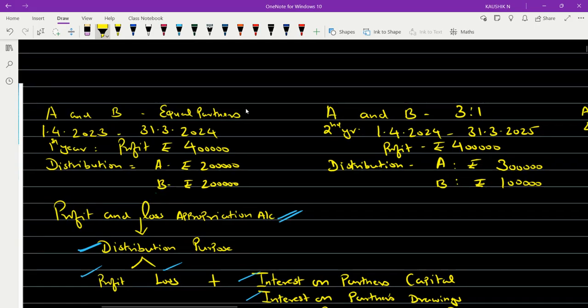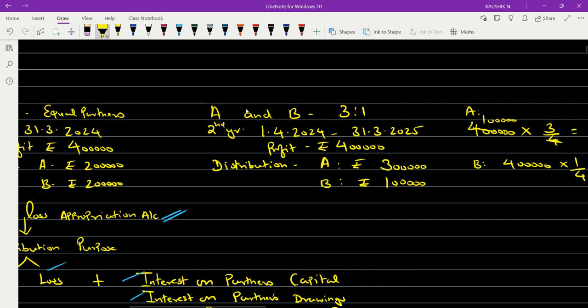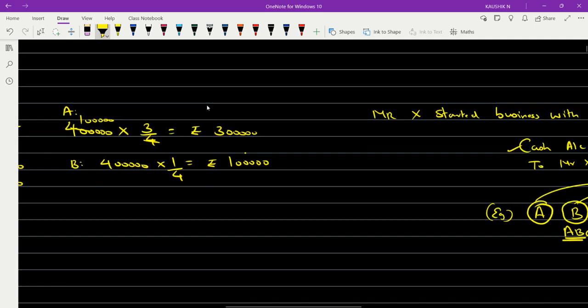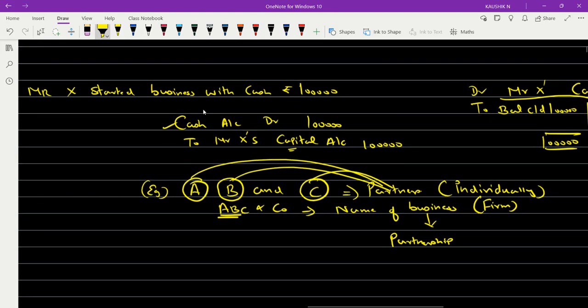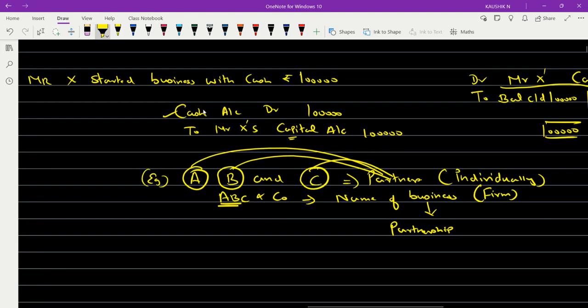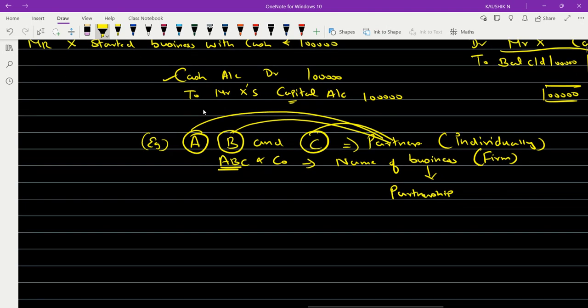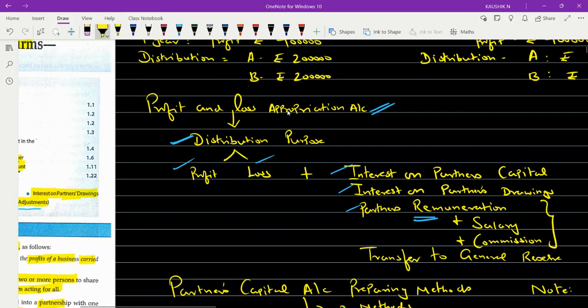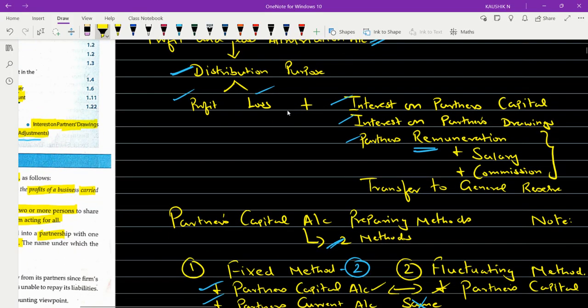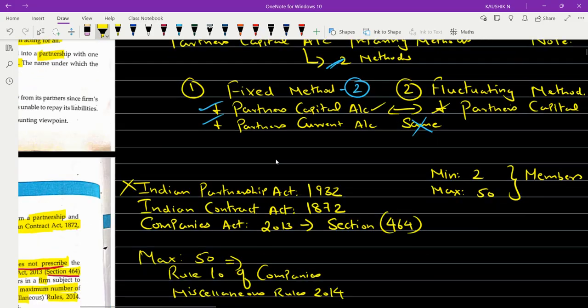If you agree to share the profit and loss in some agreed proportion, how to distribute the profits. We also discussed a case of preparing the partner's capital account, how to denote a person in partnership, collectively what to call them, what the business name means, and the different acts we have for each and every business.